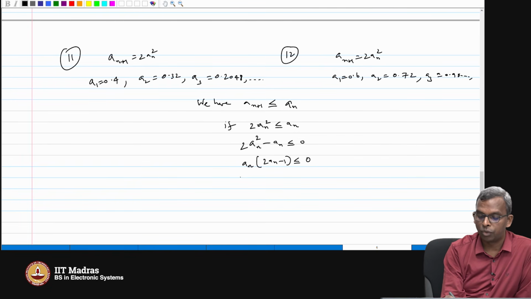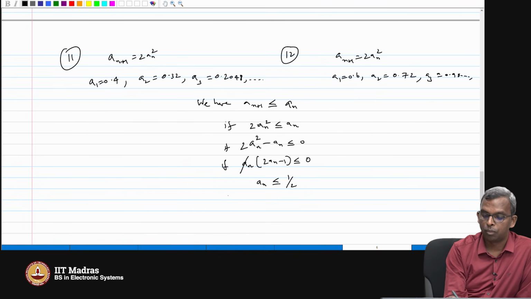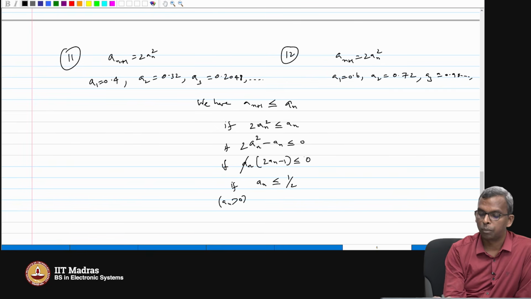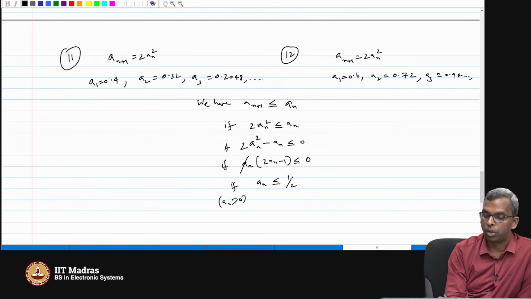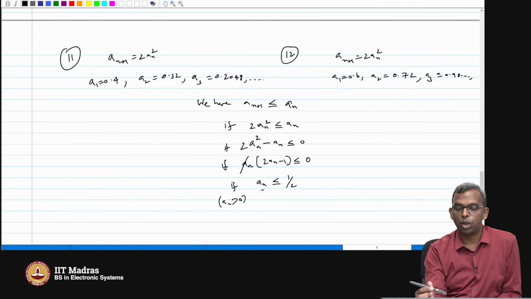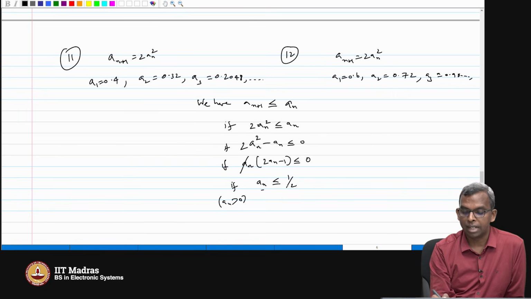If you assume a_n is positive, you can cancel it out. So, you get a_n is less than or equal to 1 by 2. This is all if you assume a_n is positive, which is true, right? So it is a decreasing sequence if a_n is less than or equal to half. By the same token, you can argue it's an increasing sequence if a_n is greater than half.